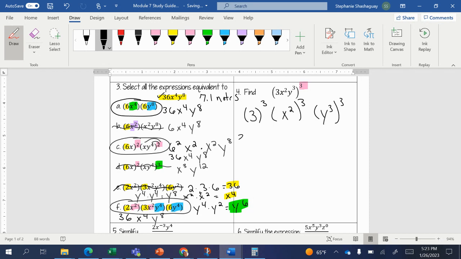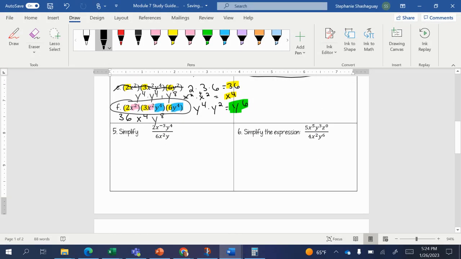Now 3 cubed is 3 times 3 times 3, which is going to be 27. x squared to the power of 3, that's our power to a power rule. So that's x to the power of 2 times 3, which is x to the power of 6. And y cubed to the power of 3, and again, our power to a power rule is y to the power of 9. So we're looking for 27, x to the power of 6, y to the power of 9.